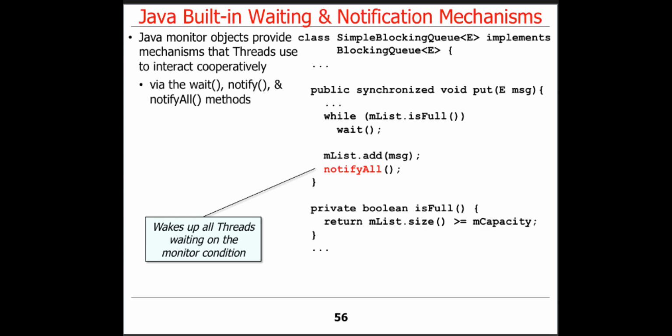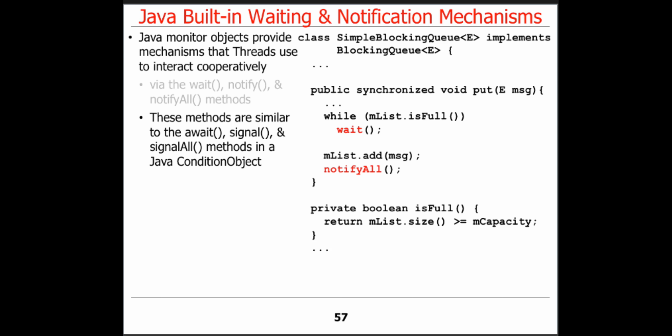Who would care about this? The take method, right? The take method, which we're going to look at in a minute. The take method cares because it is part of this cooperative process, and it's not going to be able to make any progress if it's trying to take from an empty queue until somebody puts an item onto it.